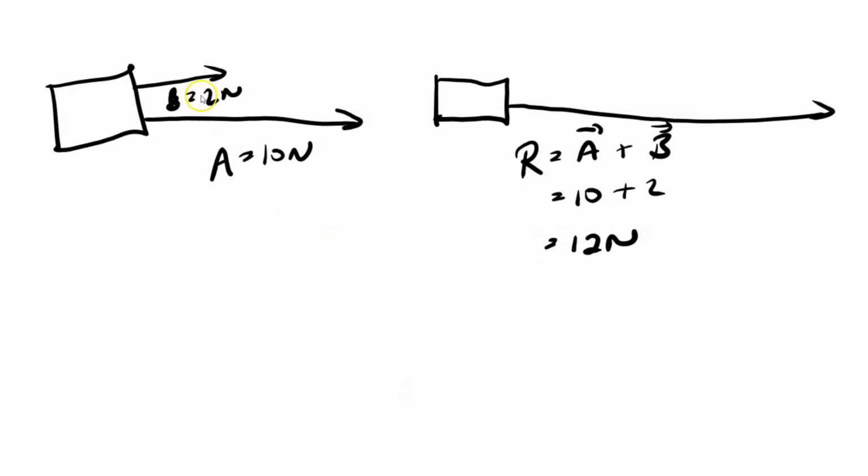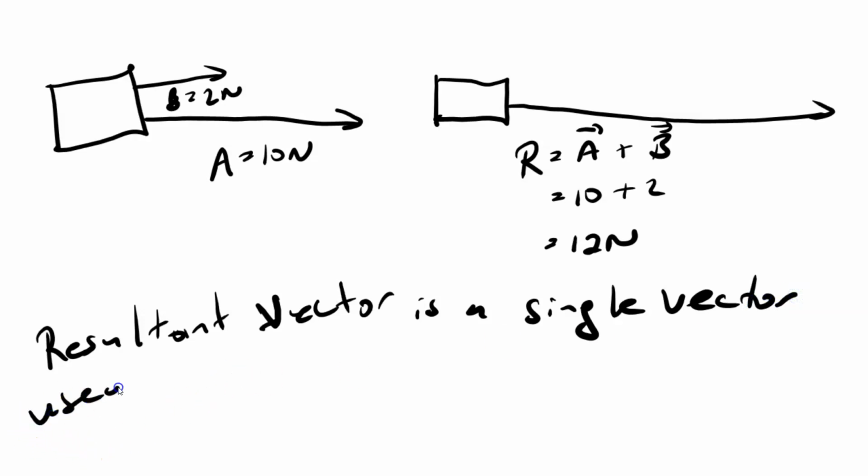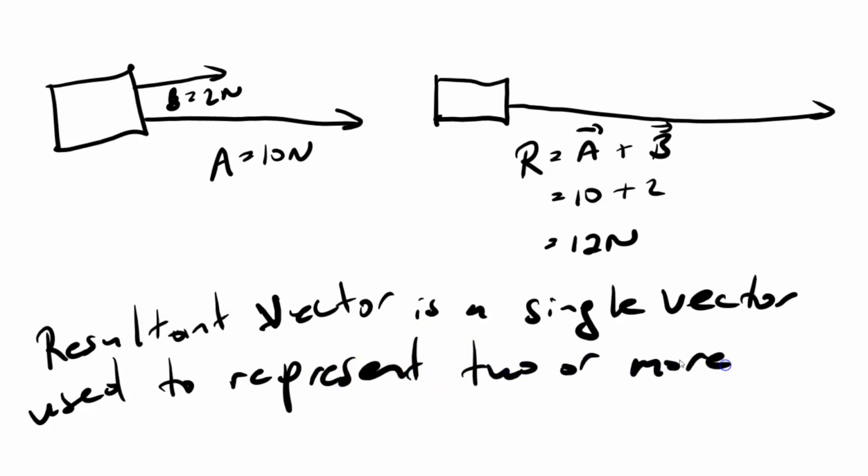Now these two vectors will act the same as the single vector, and this vector is called a resultant vector. A resultant vector is a single vector used to represent two or more vectors.